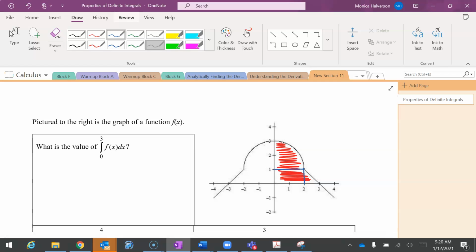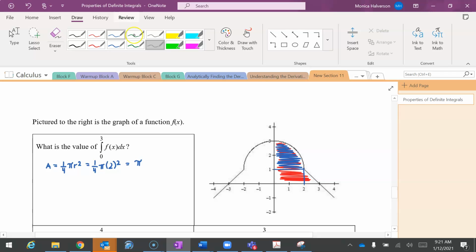If we did the quarter of a circle, which would be this first part, we know the area of a circle is pi r squared. So in this case, in blue, our area would be 1/4 pi r squared. And by looking at it, our radius is 2. So the area of our quarter circle is pi.